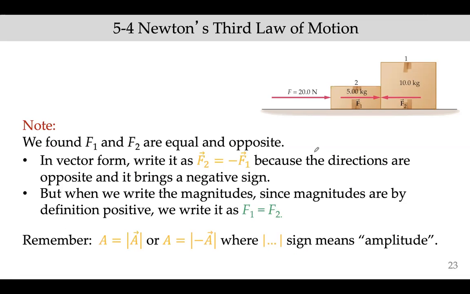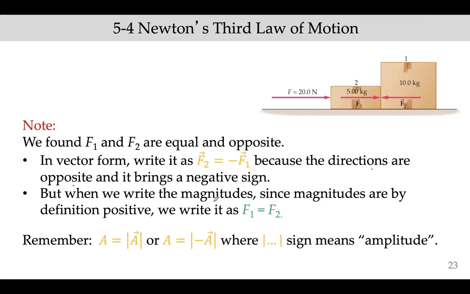Okay, so there's one note here. We found F1 and F2 are equal and opposite. If you write F1 and F2 in vector form, write it as F2 vector equals negative F1 vector, because the directions are opposite and it brings a negative sign.